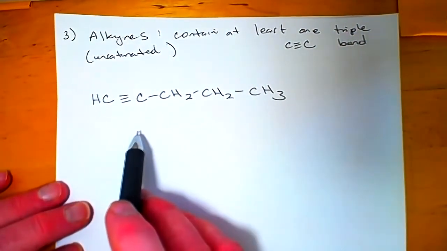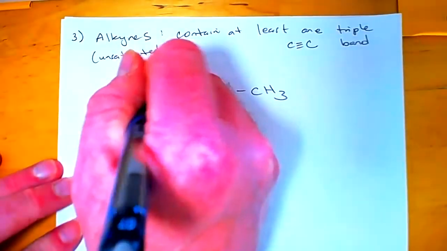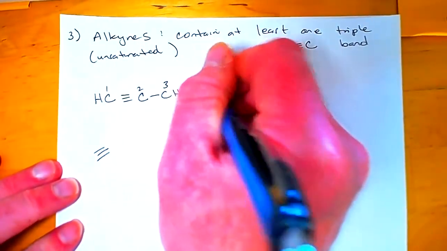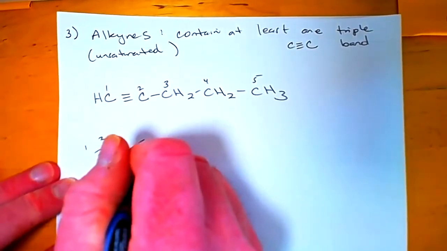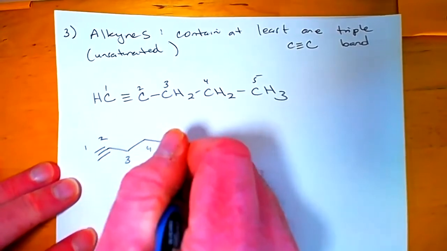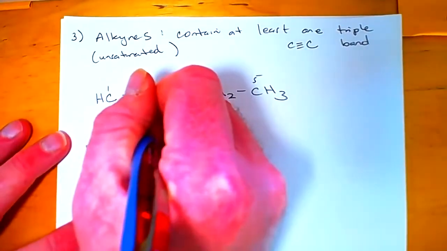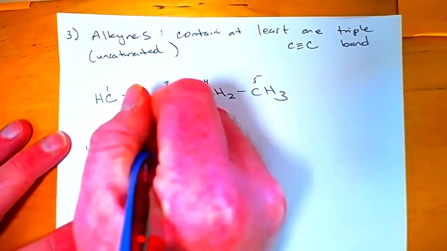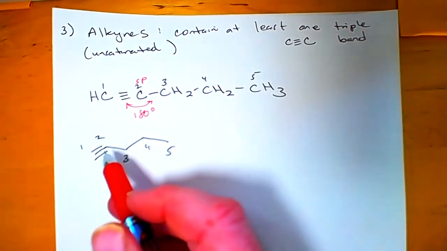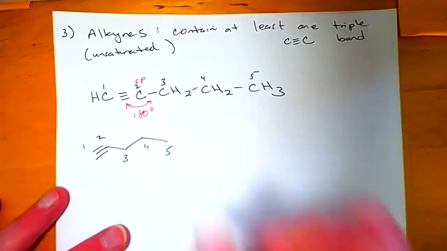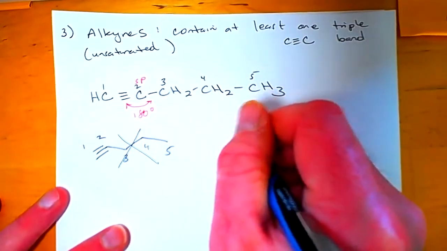If you wanted to draw that in a skeletal structure, it is tempting to always start the structures the same way, like this. But I would recommend that you don't do that and that you pay attention to the geometry here, and that it's actually 180 degrees because that carbon is sp hybridized. So really the best way to represent this molecule is like this.